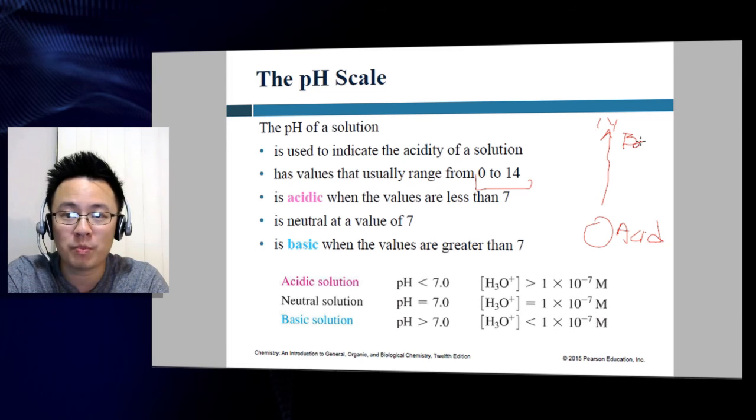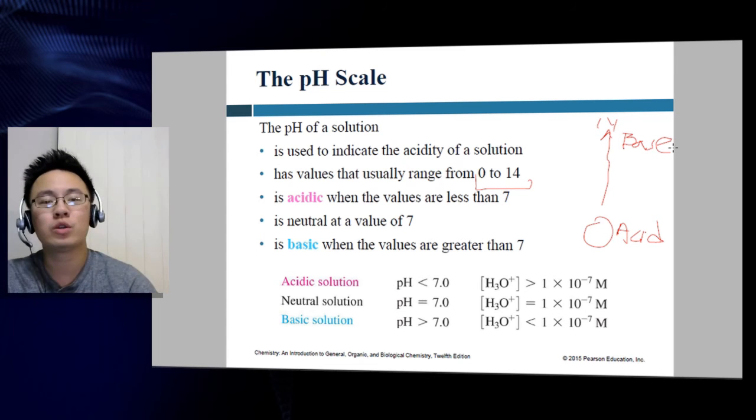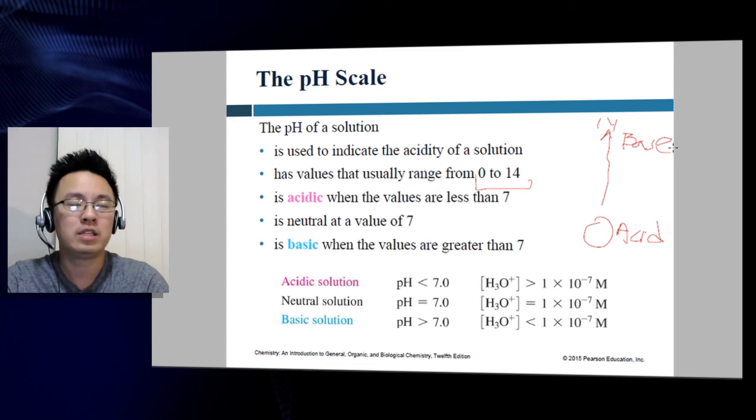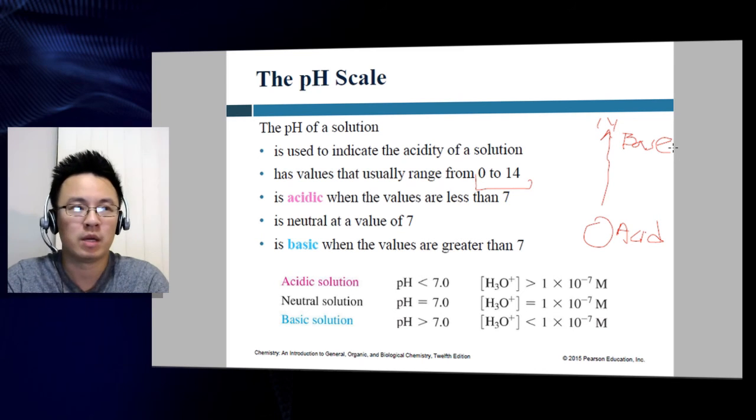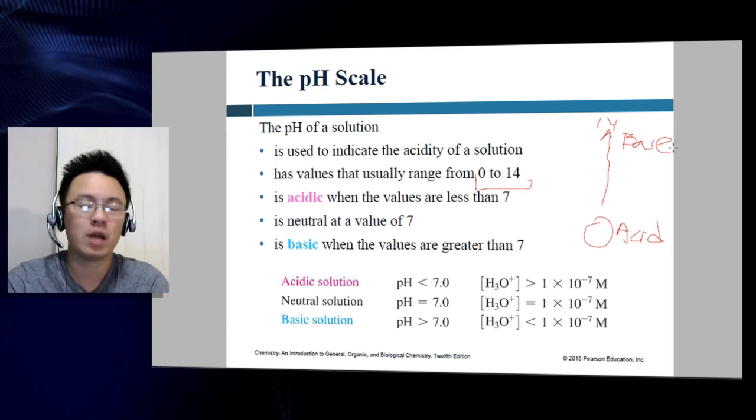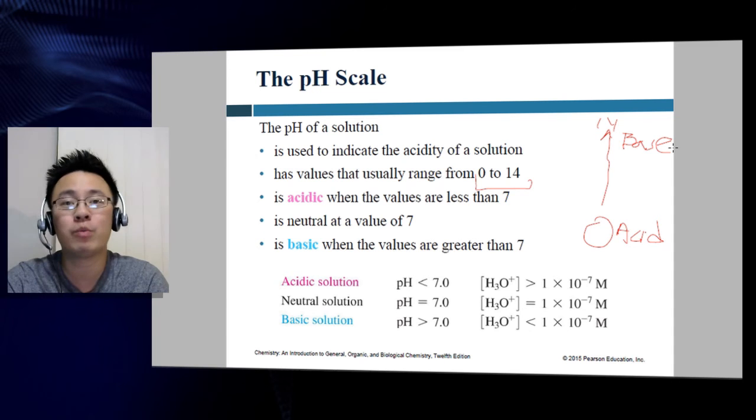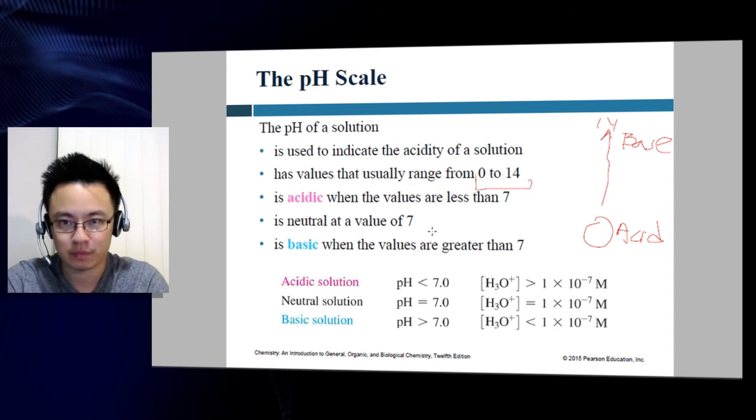I'm going to put the word base up here because I can't fit the word alkaline there. You're going to see the word alkaline used more in the field because the word base is often confused with, say, the base on a home base or a base in a baseball game. So a lot of people confuse those. You'll hear more the word alkaline.